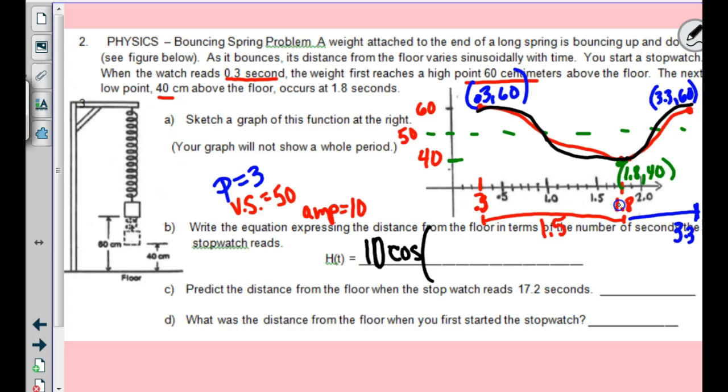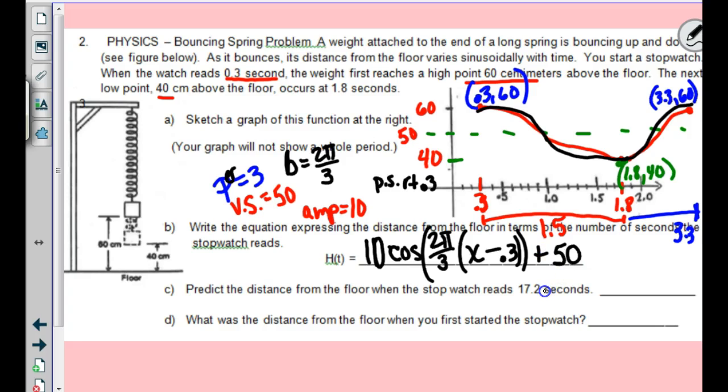Half a period was 1.5, so we decided the period took 3. So the B value is 2 pi divided by 3, right? Nothing pretty there. Phase shift? Right 0.3, so x minus 0.3. And the vertical shift was the plus 50 at the end.